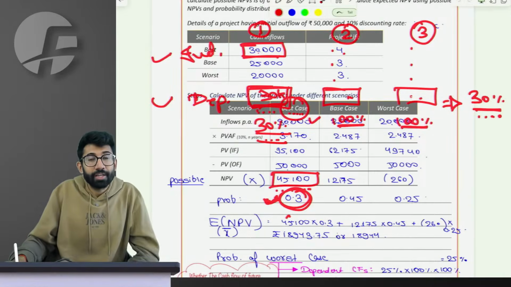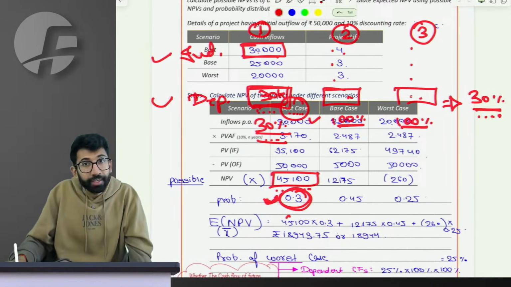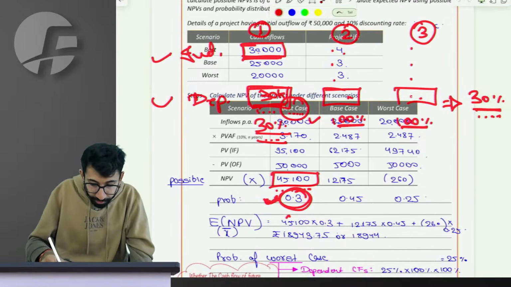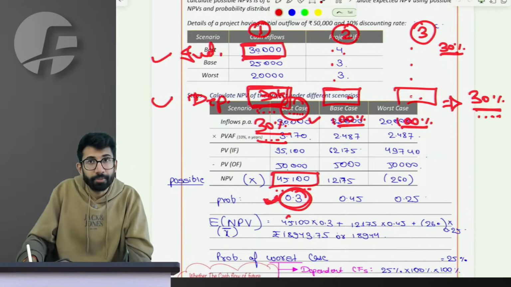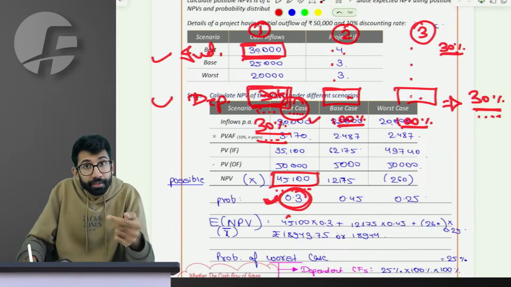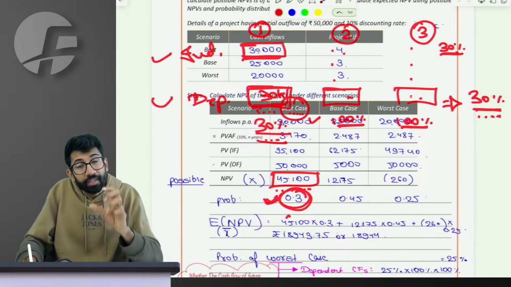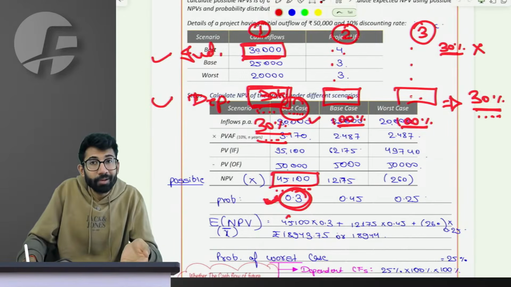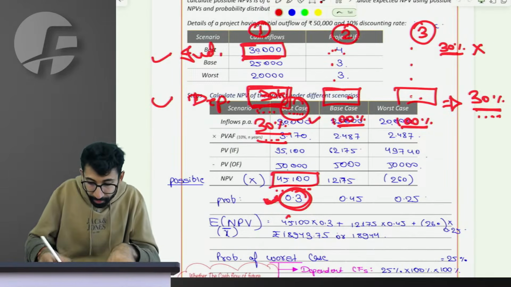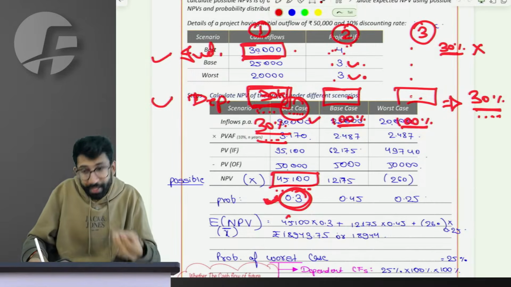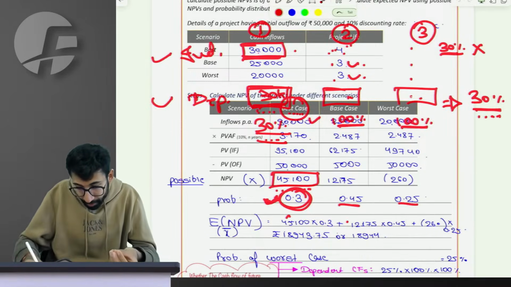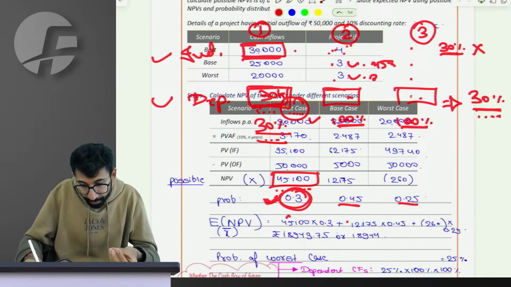That is the logic in case of dependent cash flows. However, if the cash flows are independent, then what do we say? We say that in the first year, the cash flow will be 30,000 with 30% chance. In the second year, I have again only 30% probability to get 30,000, because in the second year there are other 2 cash flows as well which I can generate, which have the possibility of 45 and 25%, right?